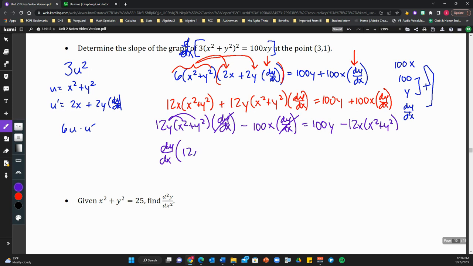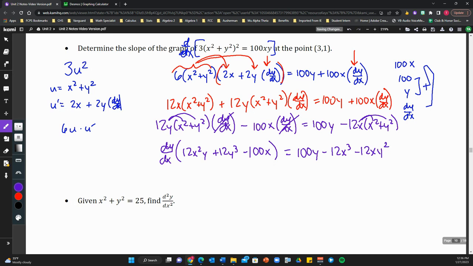So this would give me 12x squared y plus 12y cubed. That's the result of the distributive property here. And then minus 100x. So that's everything that would be left behind after removing our dy dx factor and putting it out in front. On the other side, I'm going to go ahead and do this distributive property over here as well. So 100y minus 12x cubed minus 12xy squared.